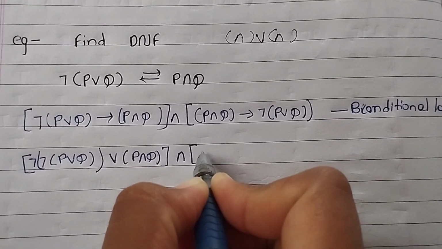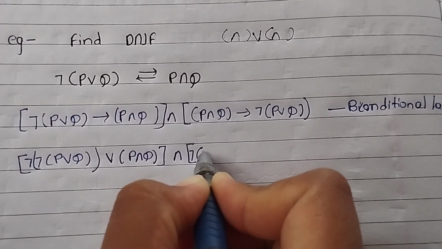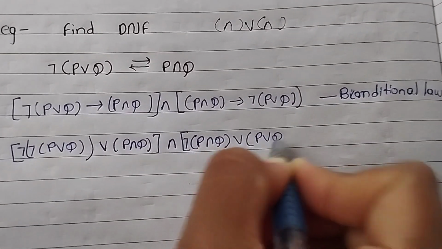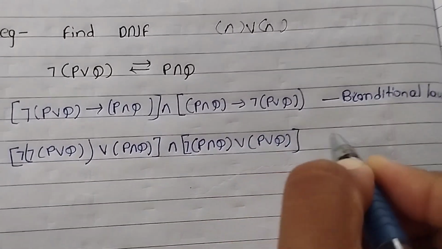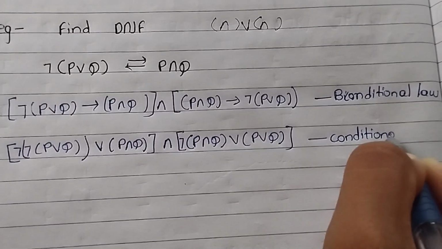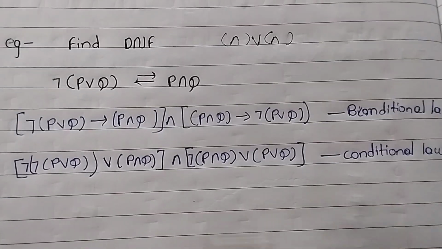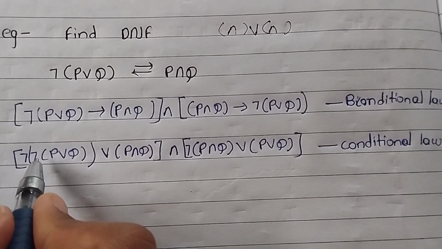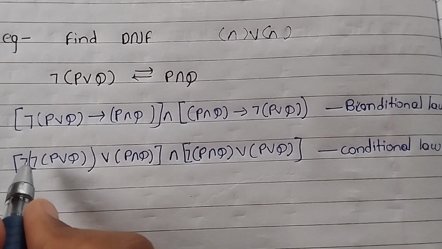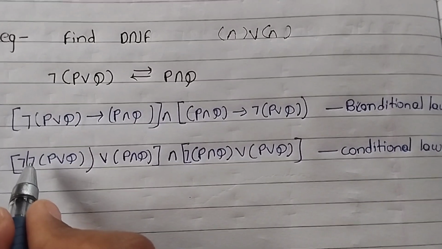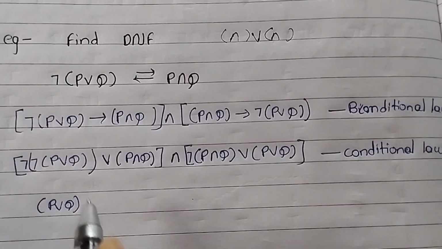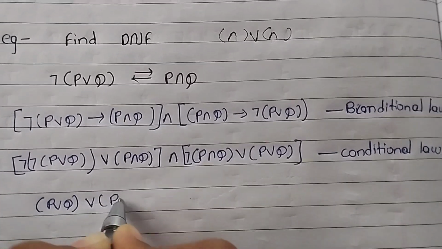And again we use the conditional law, negation of the first variable. Now the negations get cancelled. We know the double negation law. So this negation and this negation get cancelled, and P or Q is kept as it is, or P and Q.